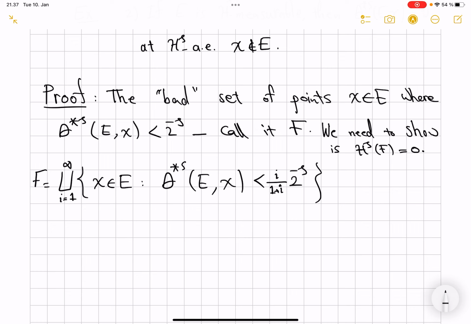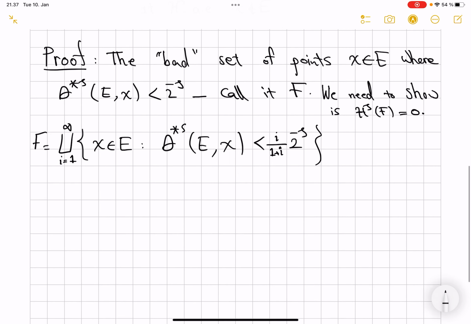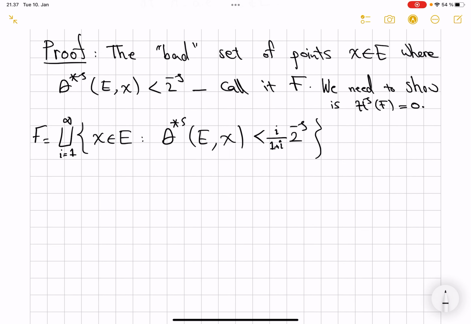Okay, to show that H^s of F is 0, we will decompose F into pieces and then prove that those pieces have measure 0. And the reason such a trick works is that we get strict inequalities rather than just borderline inequalities. That's the whole idea.